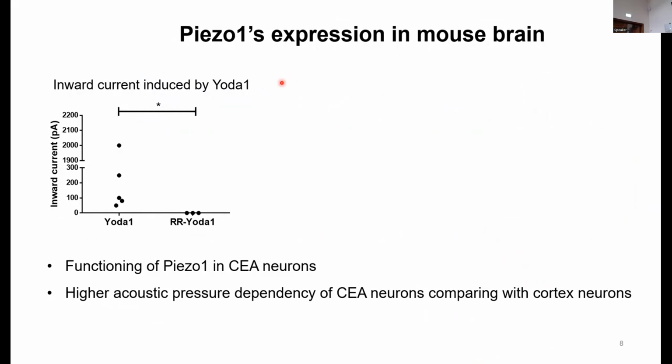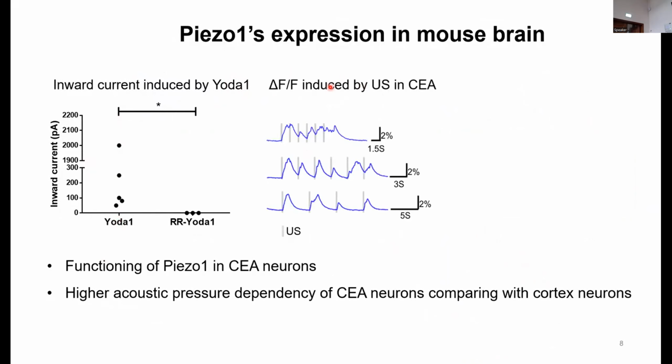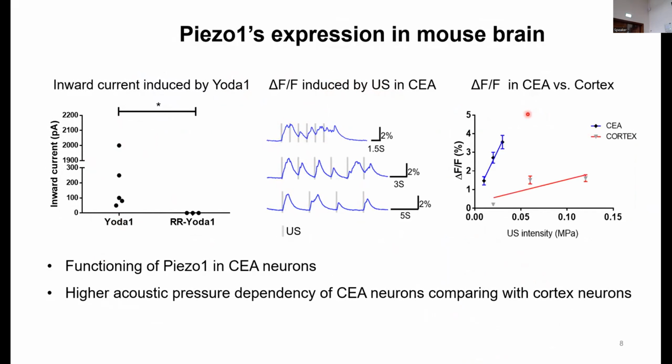Testing the inward current induced by Yoda1, which is Piezo1's agonist, we further confirm the functioning of Piezo1 in the mouse brain. Recording the calcium signaling by fiber photometry, we can see well synchronized calcium signaling induced by ultrasound stimulation. If we compare this signaling between the CEA and cortex areas, we can see a higher acoustic pressure dependency of CEA neurons compared with cortex neurons.